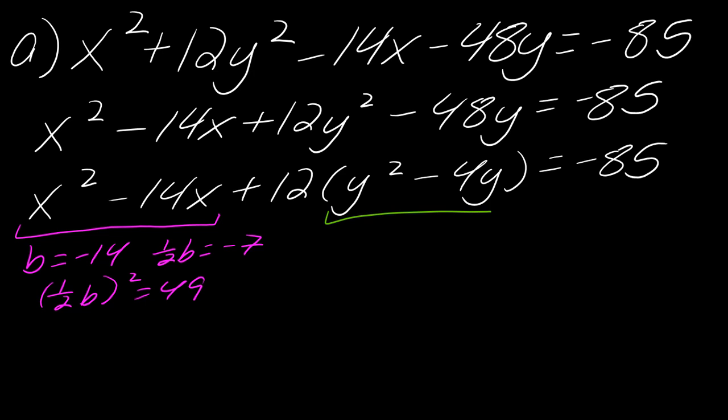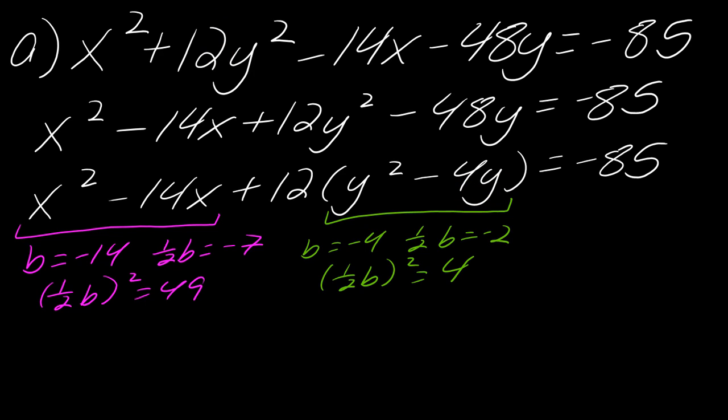Let's do this one as well. For this case, my b is negative 4, my half b is negative 2, and my half b squared is 4. Okay, now normally with completing the square, we want to add these numbers into the parentheses, to these x's and y's respectively.